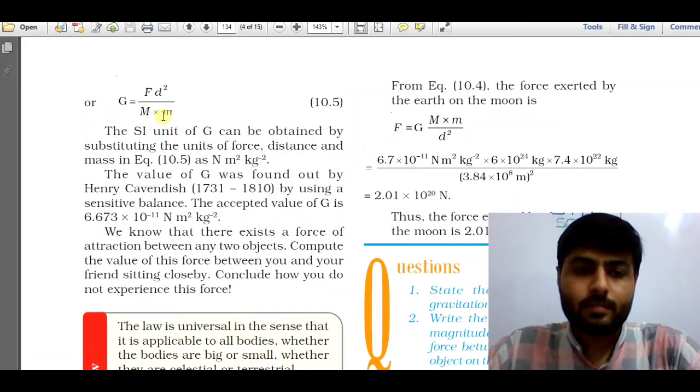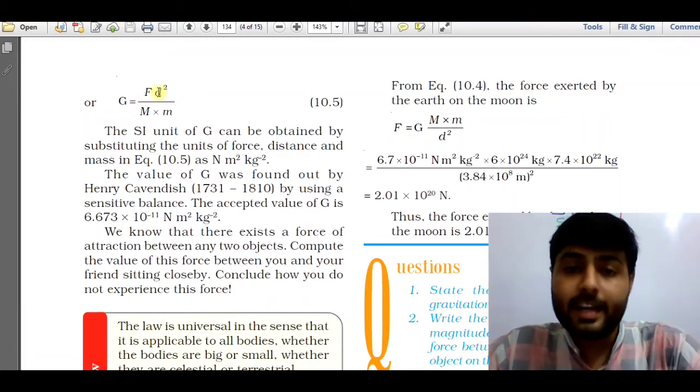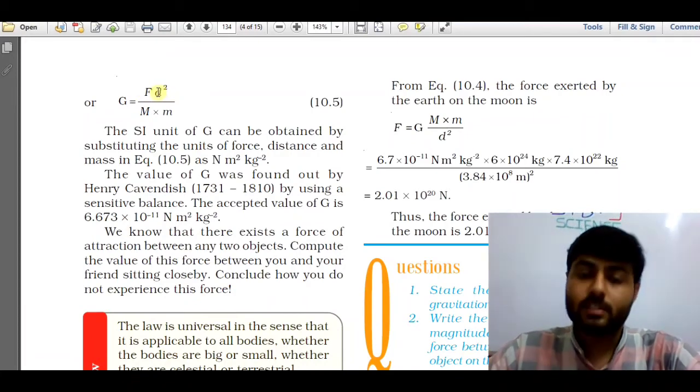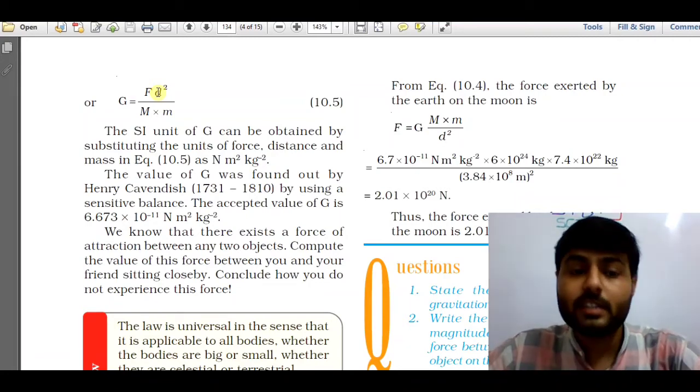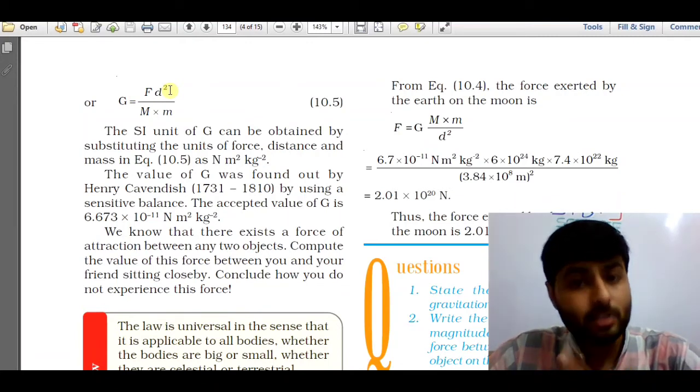Now we know that the SI unit of force is Newton. D is distance and the SI unit of distance is meter. Here we have d square, so we have meter square. So you can imagine in the numerator Newton meter square.